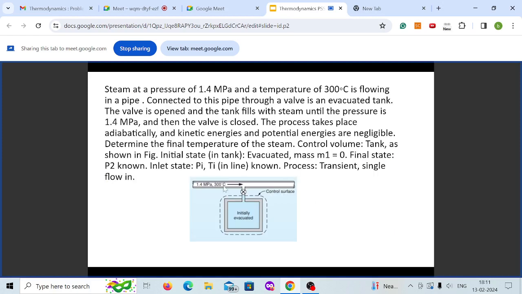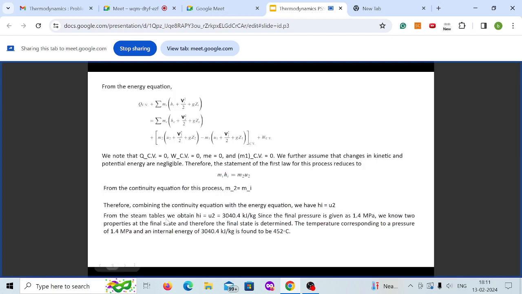So this being given as steam, we can find out enthalpies and internal energy. So for steam at 1.4 megapascal and temperature of 300 degrees Celsius, your enthalpy is 3040.4 kilojoule per kg. And we know the final pressure is 1.4 megapascal.